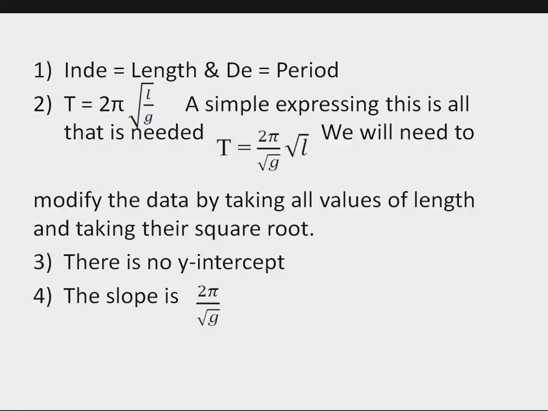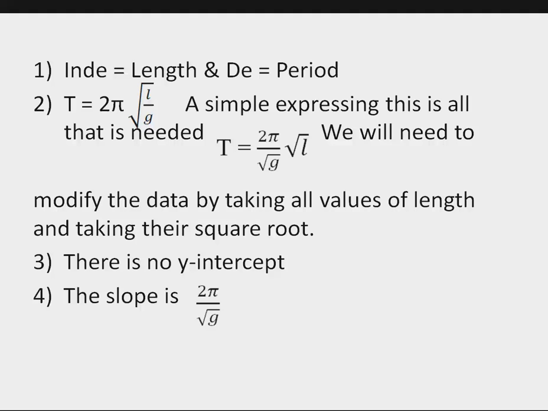So what I have here is I have the slope and then my independent variable. We're going to need to modify the data because L is under a square root. So I'm going to take all the values for length and I would calculate their square roots.